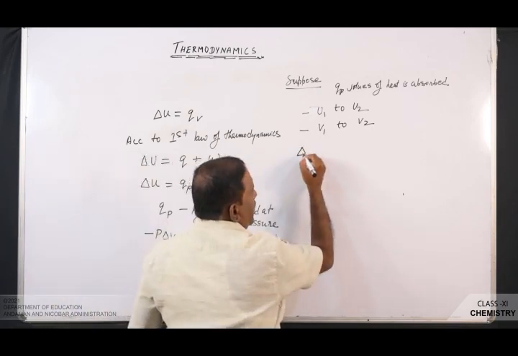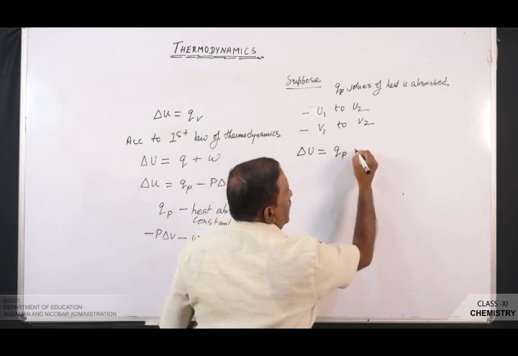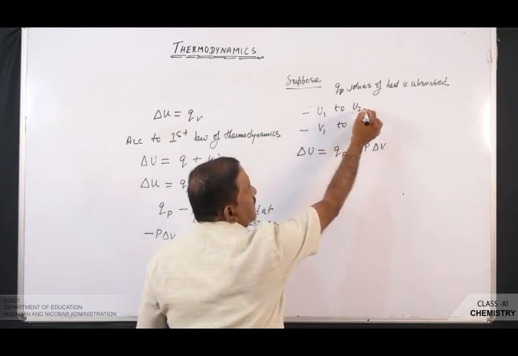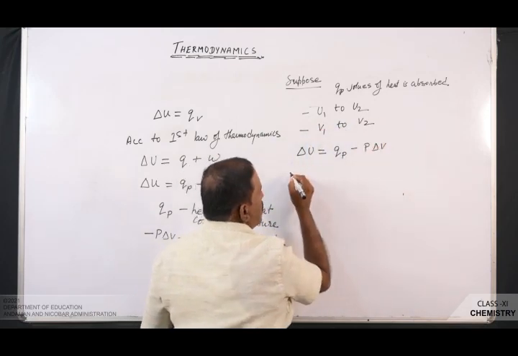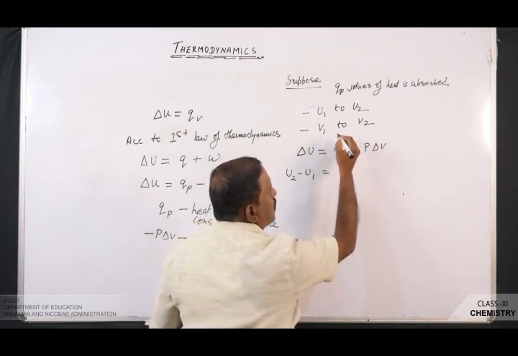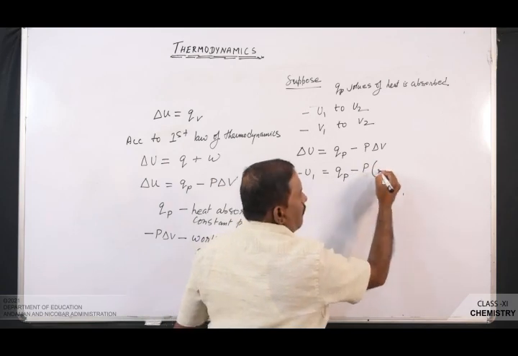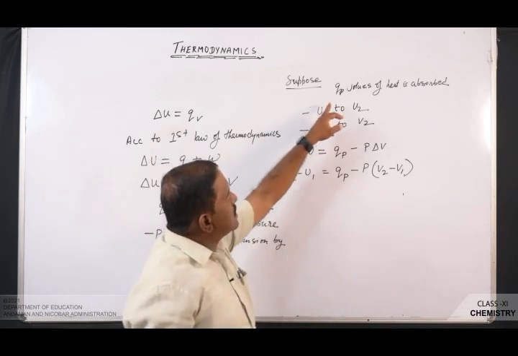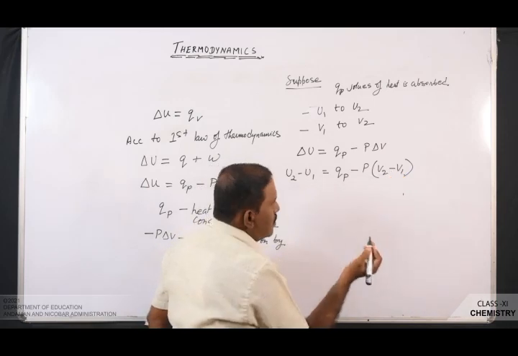So this equation, that is del U is equal to QP minus P del V. In this equation, we will substitute the increase in internal energy and increase in volume. So U2 minus U1 is equal to QP minus P into V2 minus V1. Okay. So when QP joules of heat is absorbed, the internal energy changes, and the volume also changes.